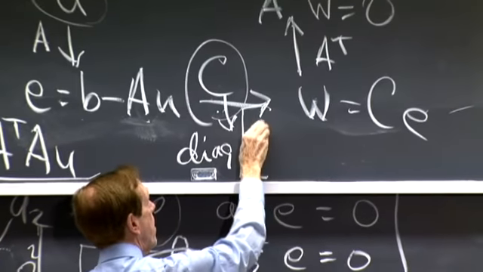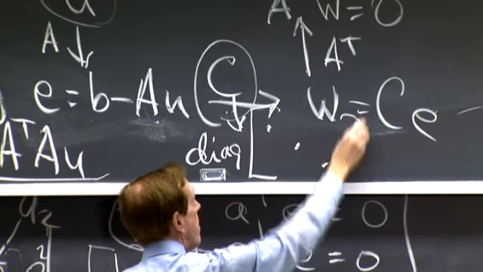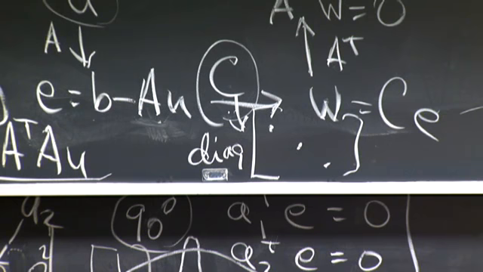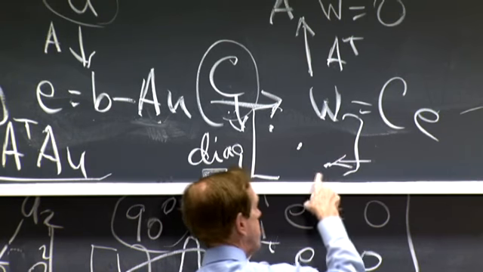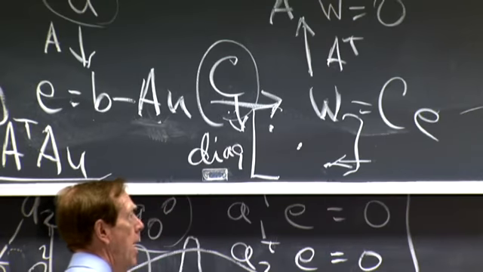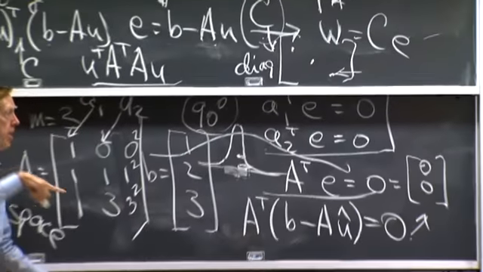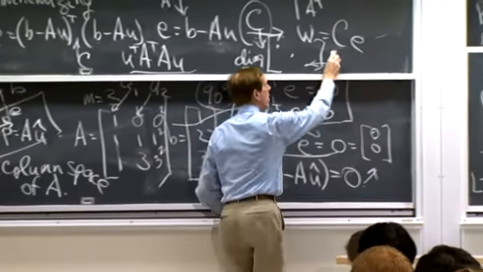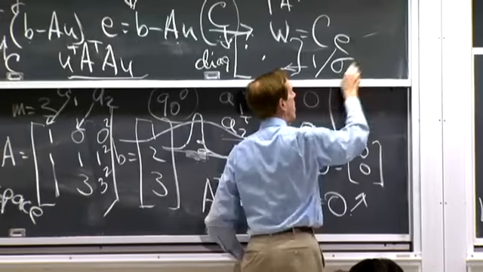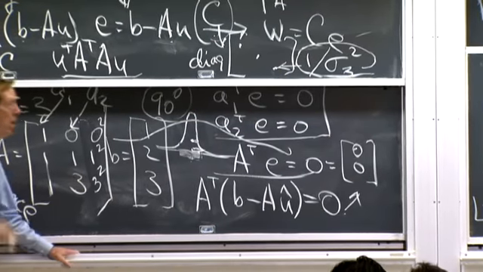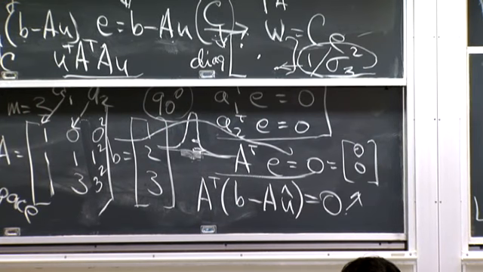What sits there? We don't have spring constants anymore. We have statistics constants. And what's the number that goes there? The third one is associated with the third measurement. It's 1 over sigma 3 squared. Those are the numbers that go on the diagonal, the inverses of the variances.